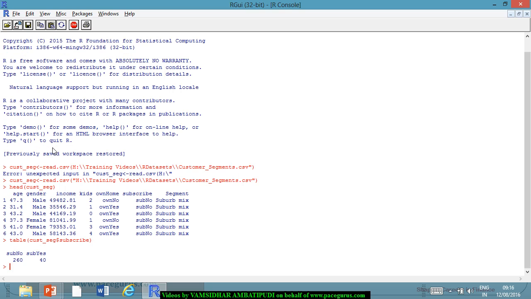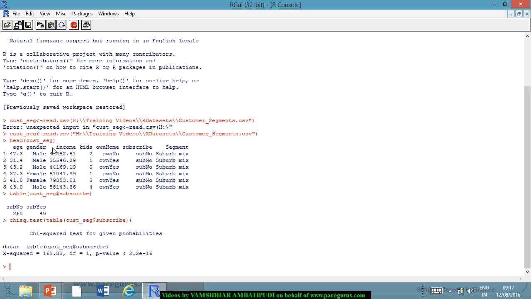It says subscription no is this much, subscription yes is this much. On top of it, I want to use a chi-square test, so I'll say chisq.test. I'll give this table as an input into this chi-square test.